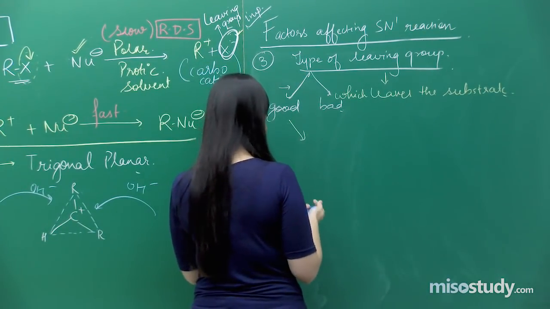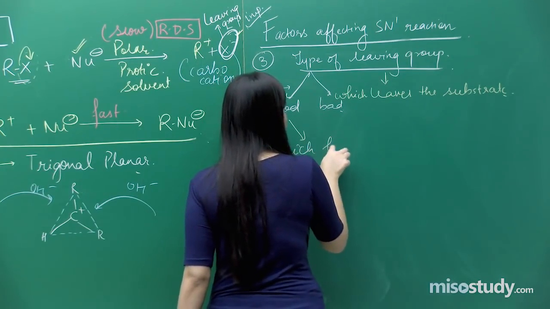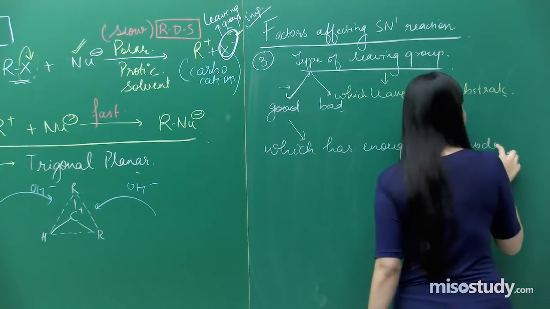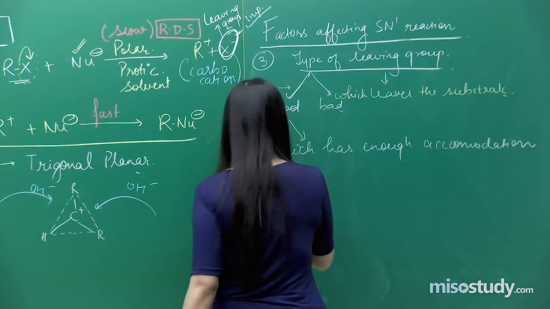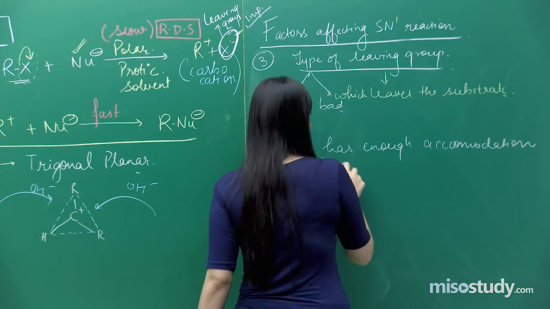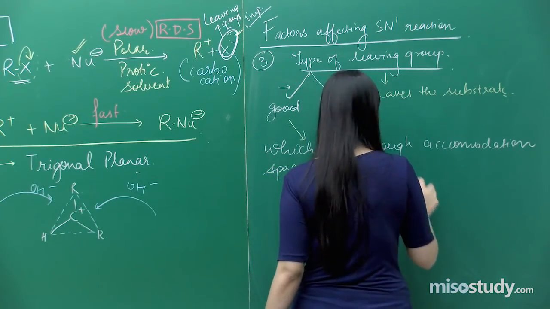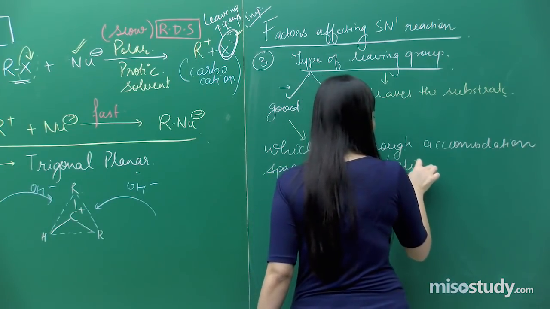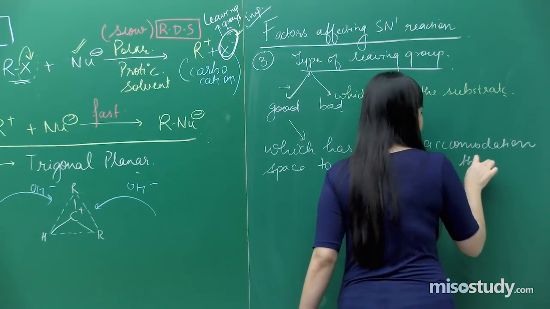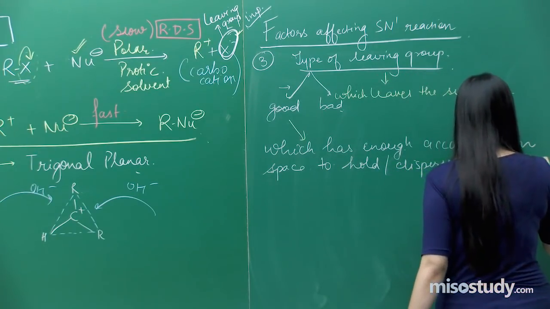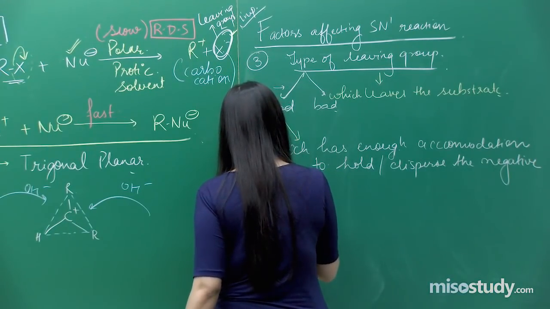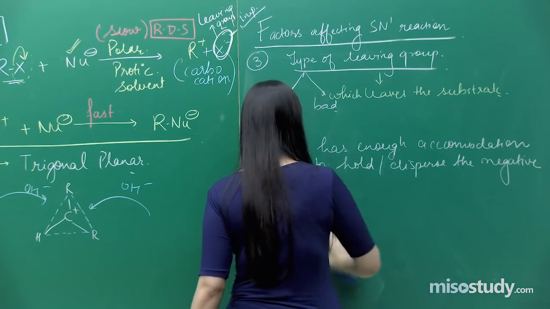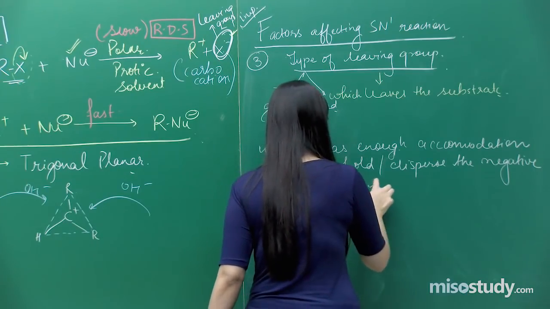Good leaving group, which has enough accommodation space to hold, or to be very specific, I am using the technical word over here, to hold or disperse the negative charge inside it, right?